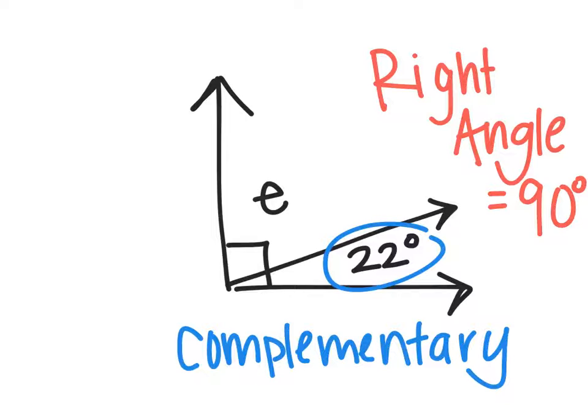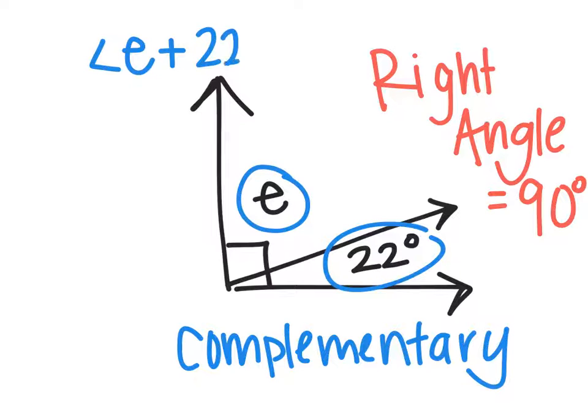So this angle equals 22 degrees. But I want you to figure out, what does this angle equal? What is angle E? The way that we're going to figure this out is we know that angle E plus 22 degrees is going to equal 90, because this right angle always equals 90.